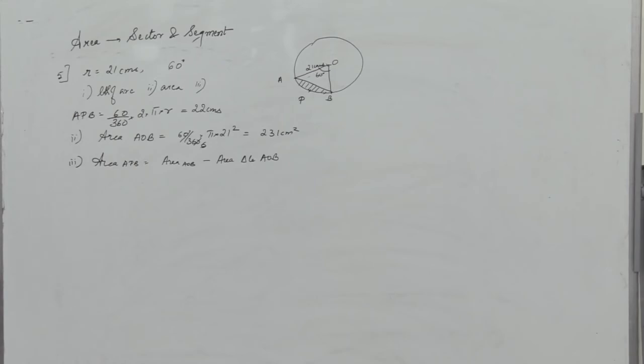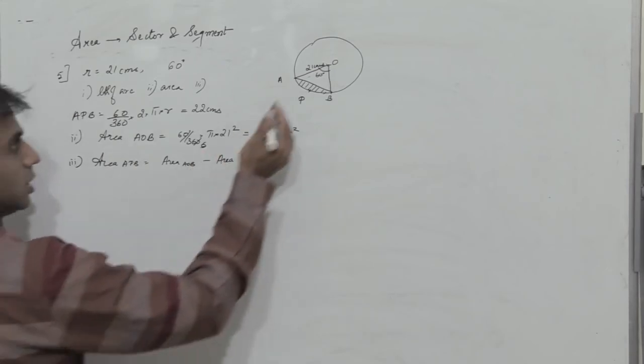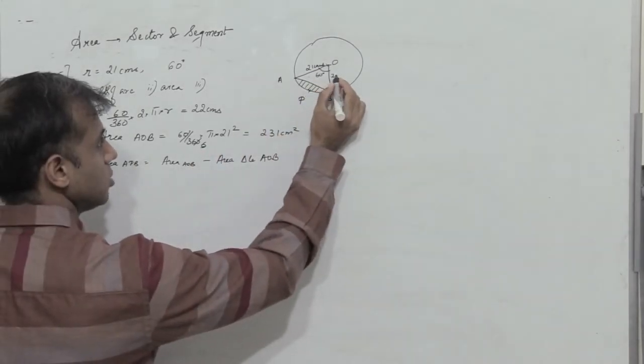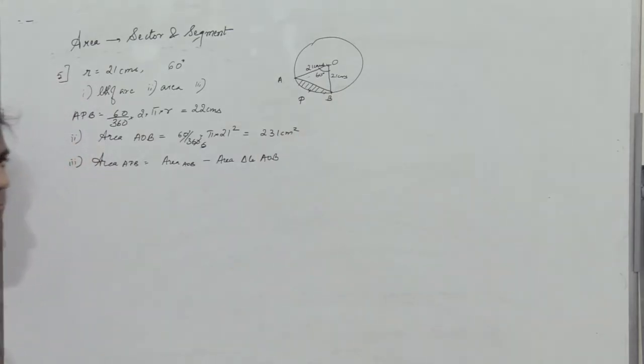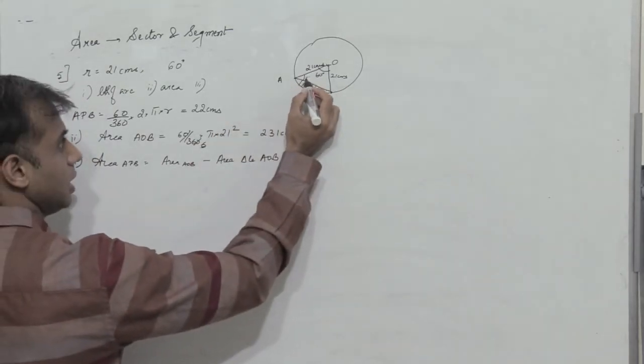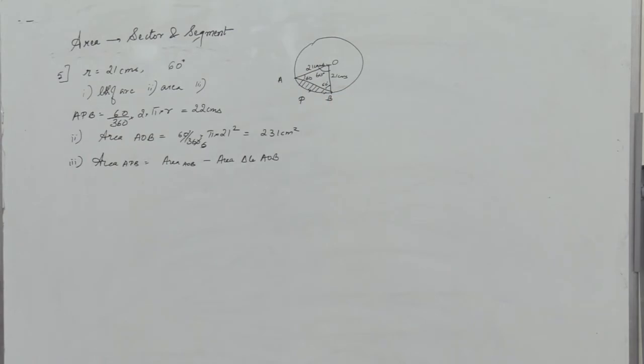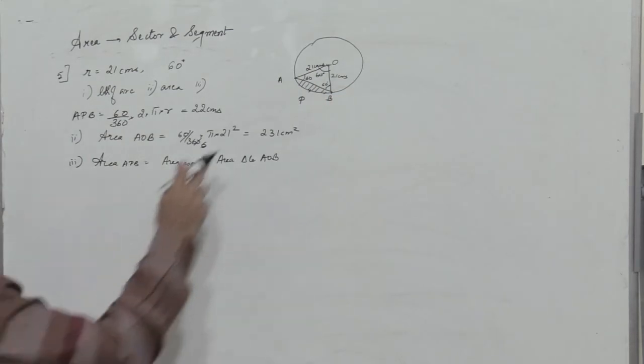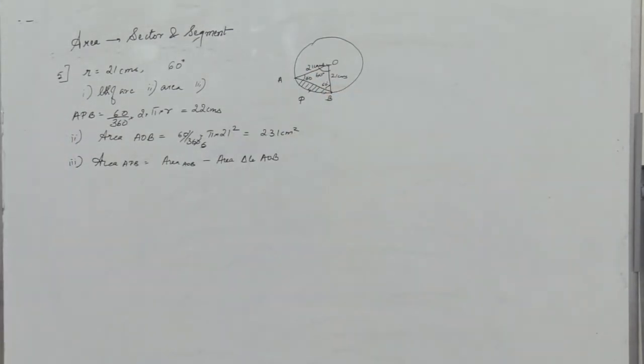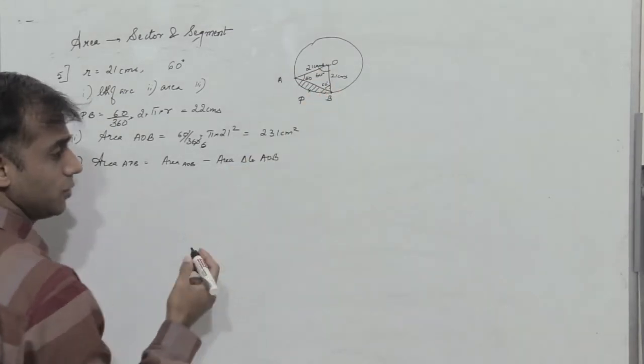So when we observe, this is 21 centimeters, so this is also 21 centimeters. This angle is 60, so definitely these two angles will also be 60. So we realize that this is an equilateral triangle. So the area of an equilateral triangle is root 3 by 4 into a square, where a is the side of the triangle.